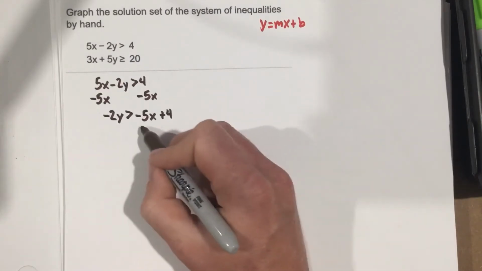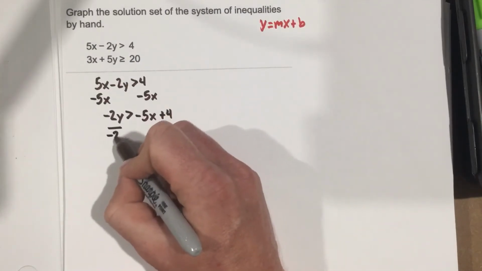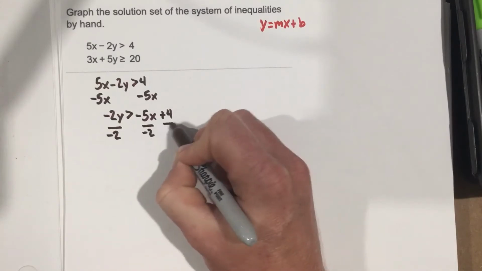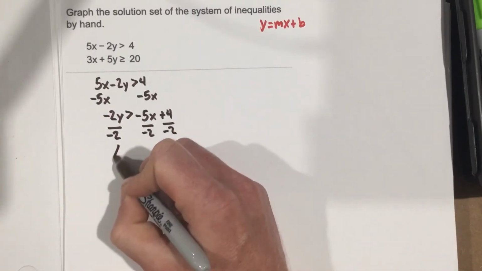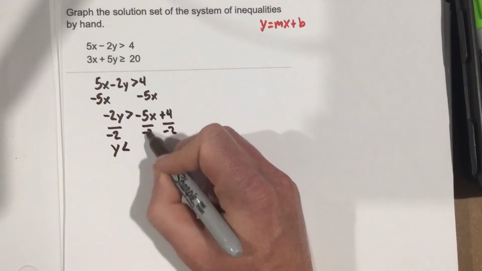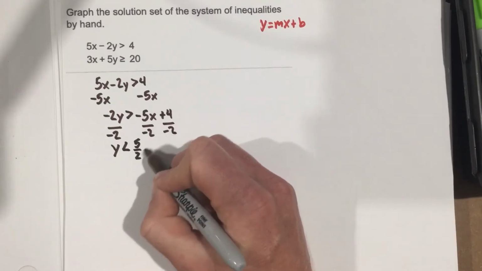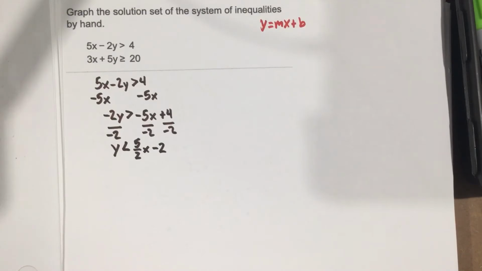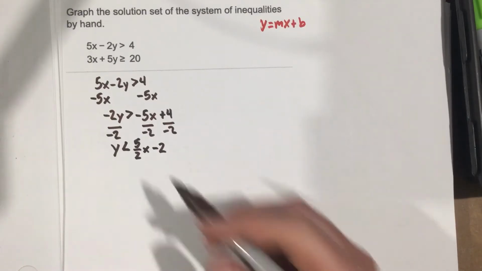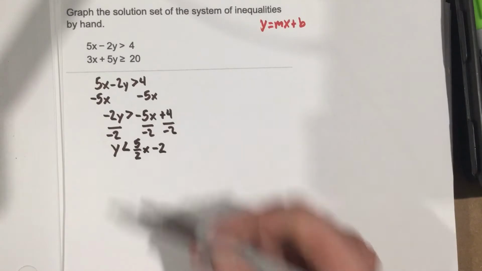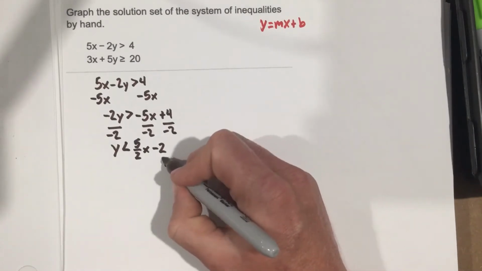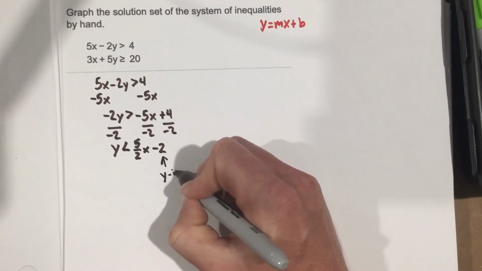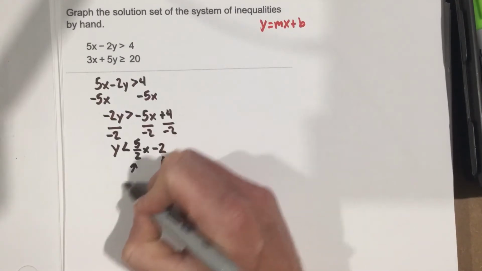And then we divide by negative 2 in each spot. And that's y is less than 5/2 x minus 2. Remember to flip the inequality sign when you divide by negative. I know that this is the y-intercept, and this is the slope.